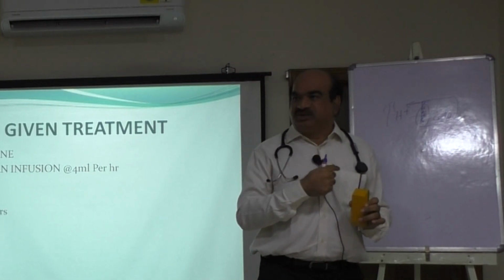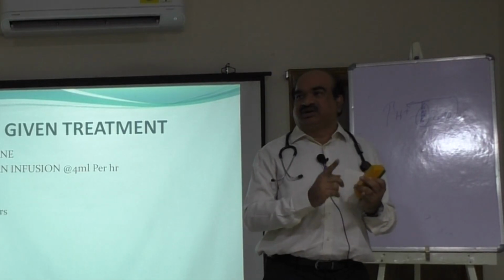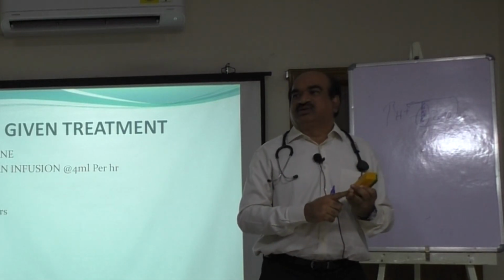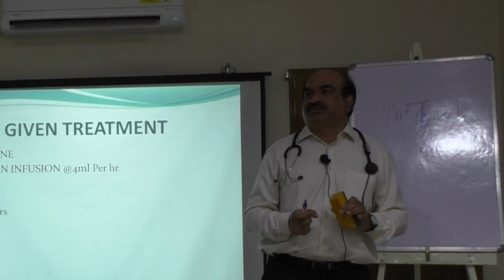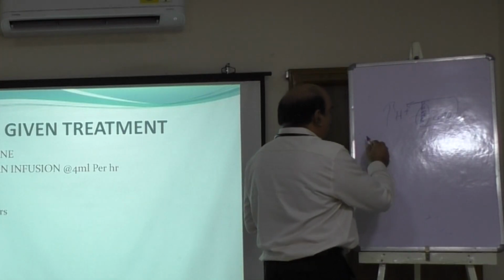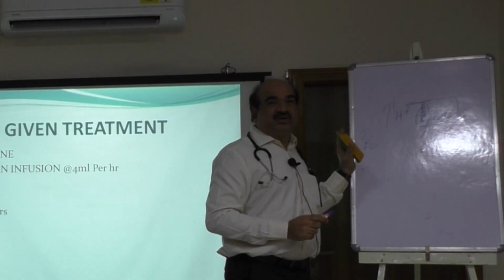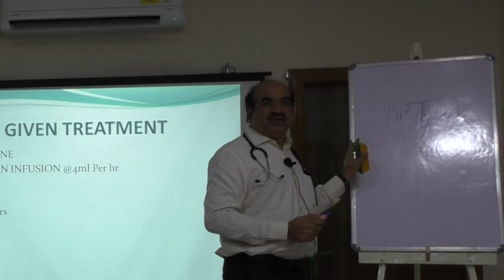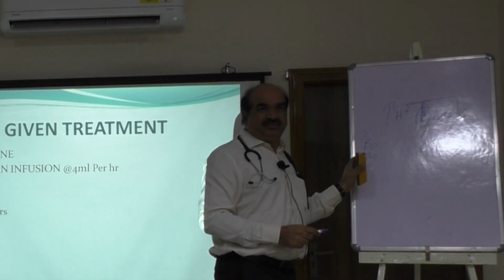Second one is redistribution. In redistribution, A is alkalosis, metabolic alkalosis can cause hypokalemia. H means hormones. What hormones can cause hypokalemia? One is insulin. Insulin, beta-2 sympathomimetic activity, beta-2 sympathomimetic drugs.